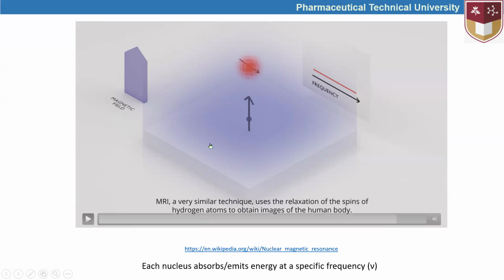This is the point that we have to understand how the magnetic field of atoms like hydrogen or carbon-13 are affected under the external magnetic field and oscillation.